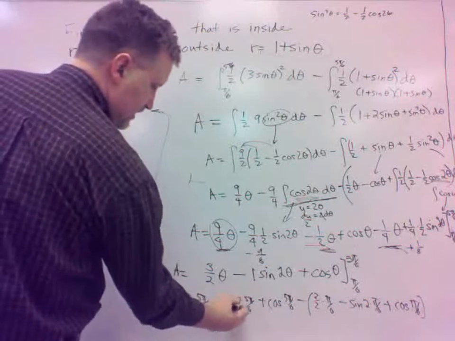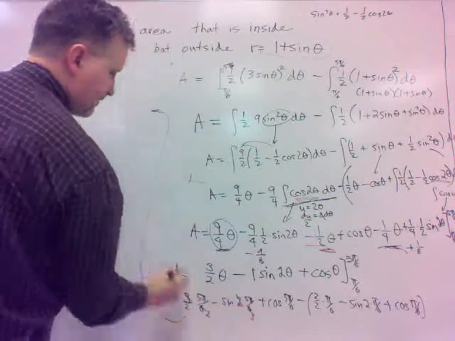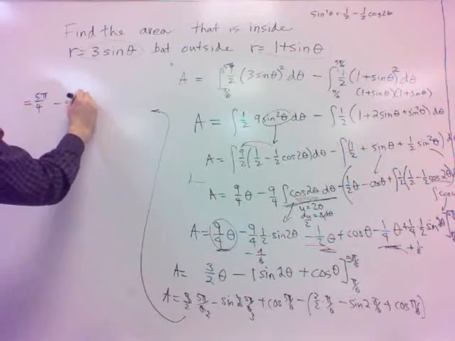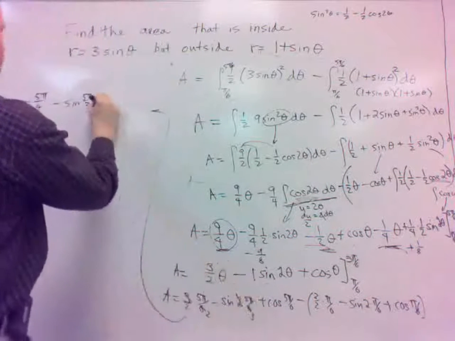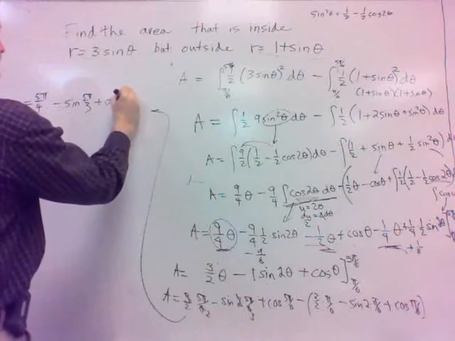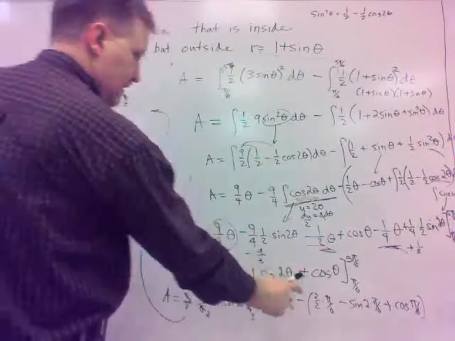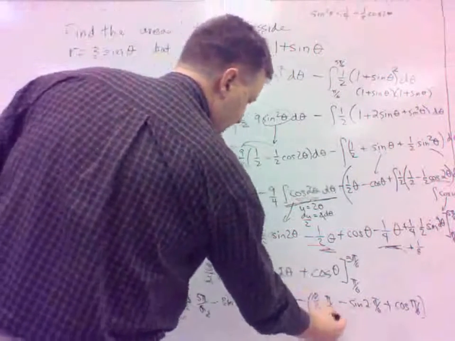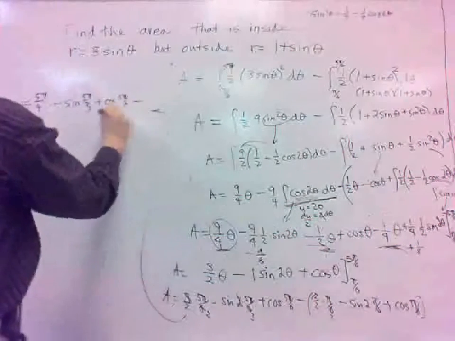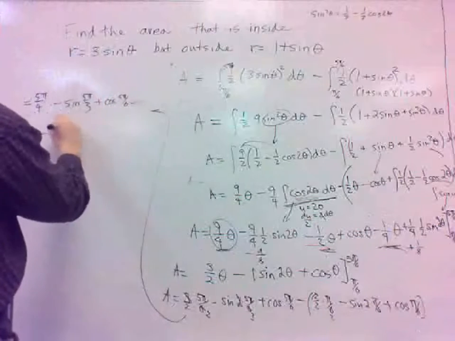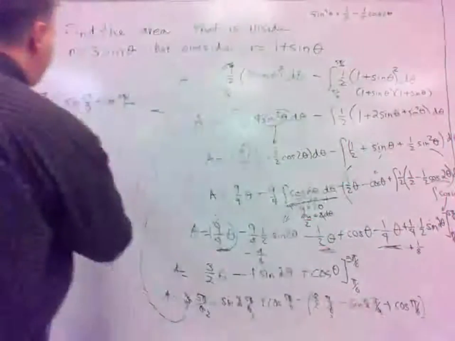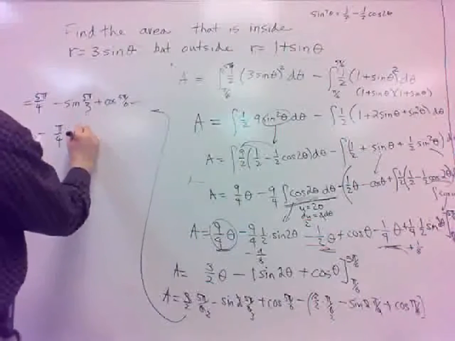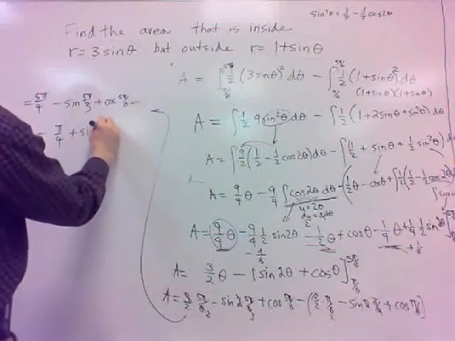That's going to be what? Pi over 3. Sine of 5 pi over 3. Cosine of 5 pi over 6. I'll just do those all together here. That'll be pi over 4. That'll be sine of pi over 3. Minus, make a plus, sine of pi over 3.